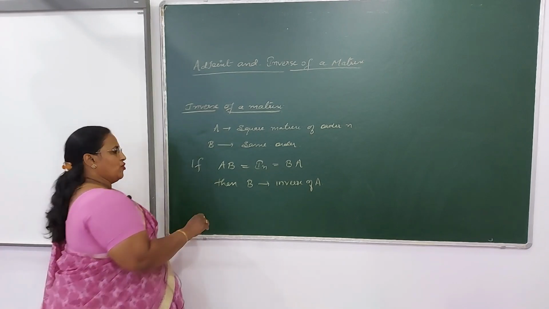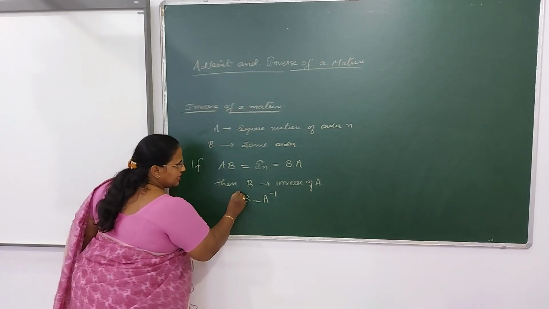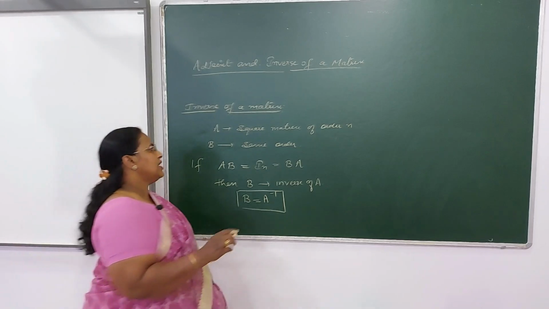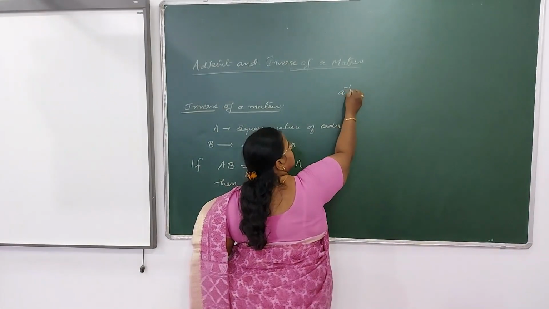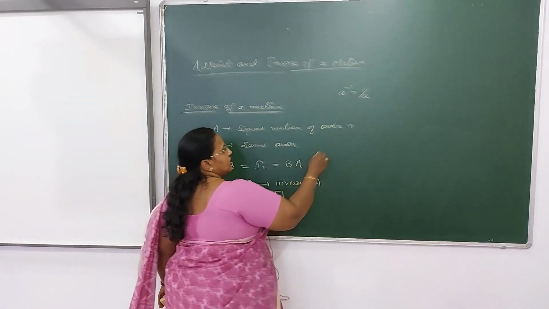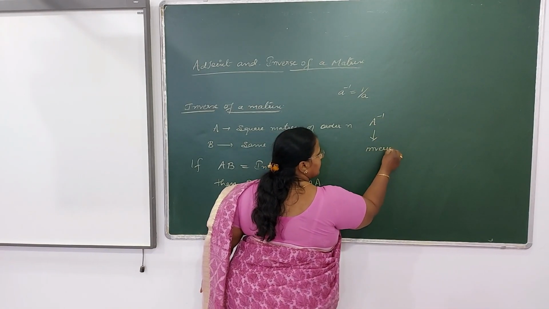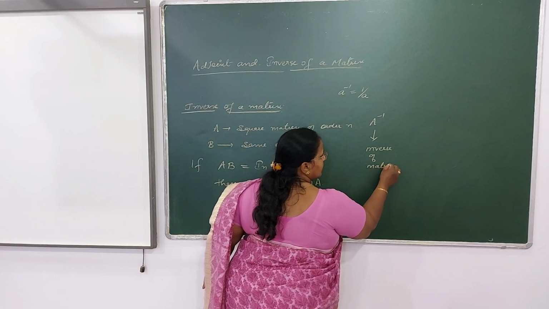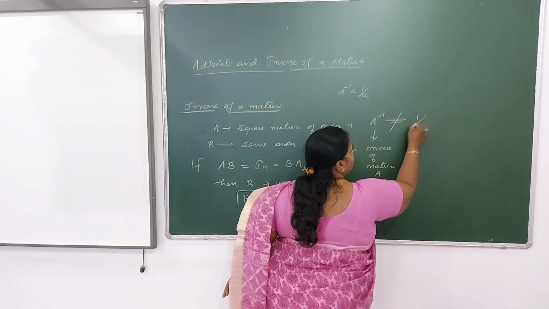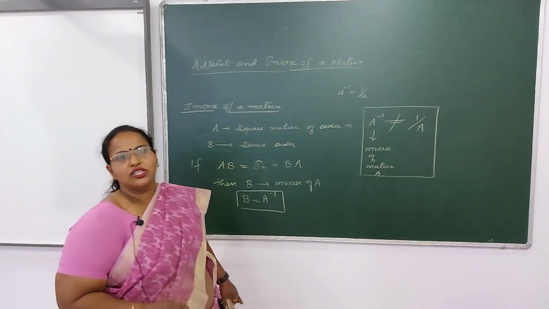Now how to write this B? This B will be equal to A inverse. This is the symbol for writing down the inverse matrix. In case of a real number, A to the power minus 1 definitely means 1 by A. But here, A to the power minus 1 means the inverse of matrix A, and this is definitely not equal to 1 by A. It's just a symbol for writing the inverse matrix.